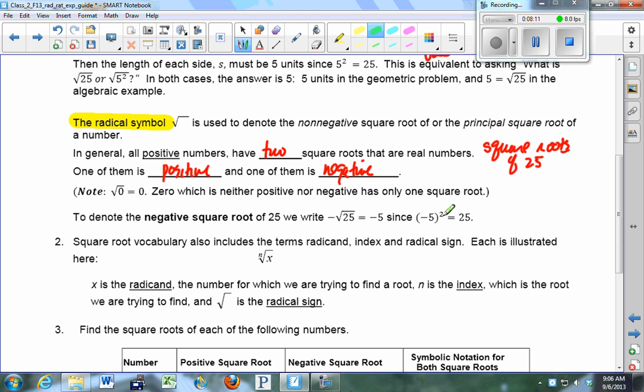I want to point out something right here because this is something that really drives algebra students crazy. Notice, if I want to square a negative number, I have to put it in parentheses. Have to. Because these 2 things are not the same.